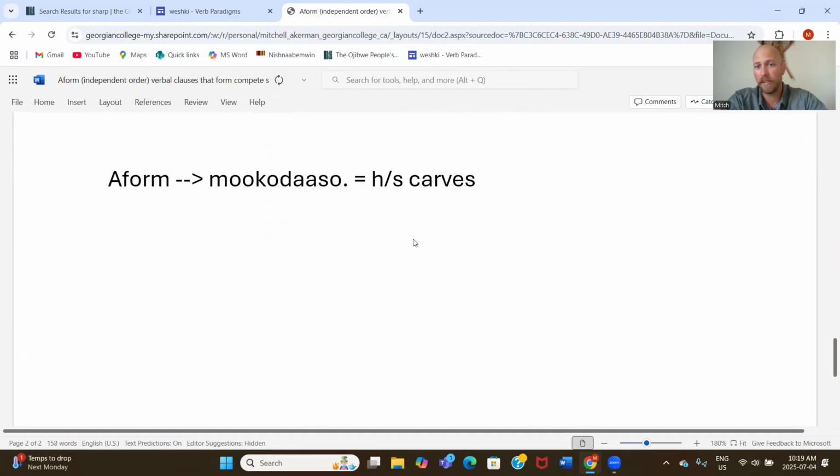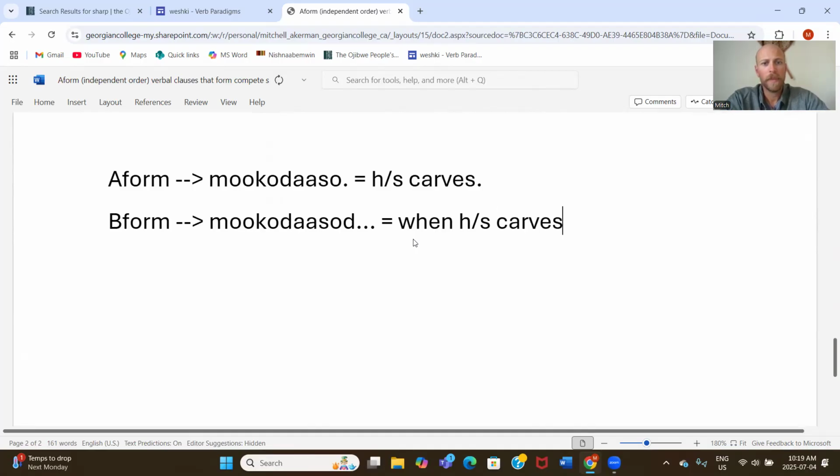Gets a period at the end because it's an A form. In B form, mokodaso, what would we do here to keep it for third person singular and say when she carves? Mokodasod, right? We're putting that D at the end: when he or she carves.